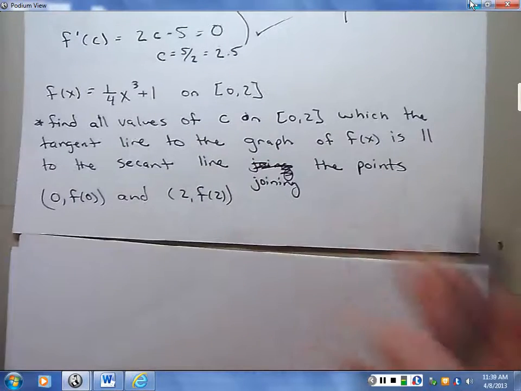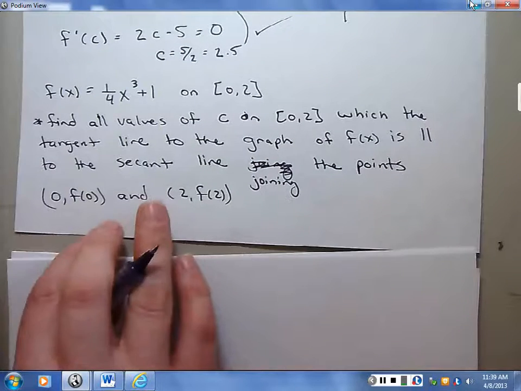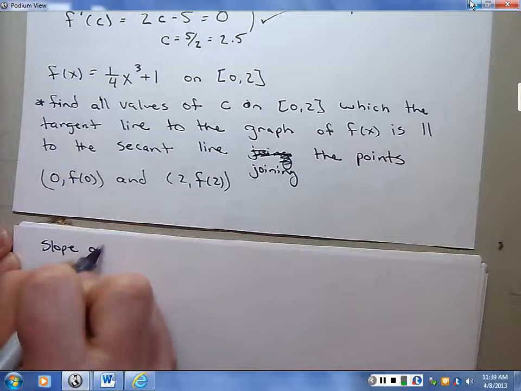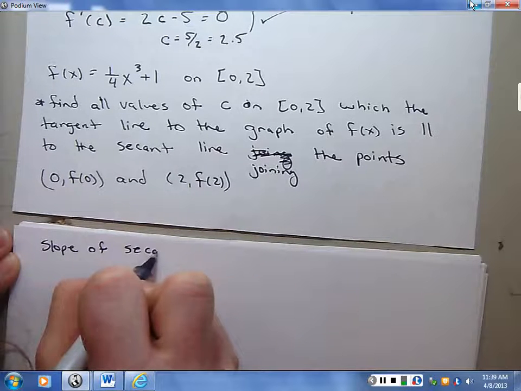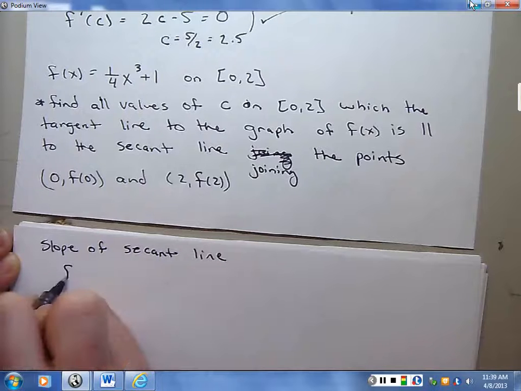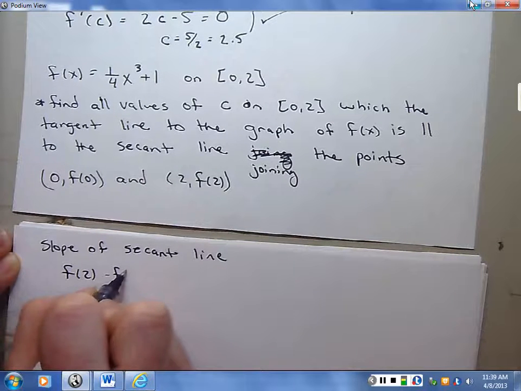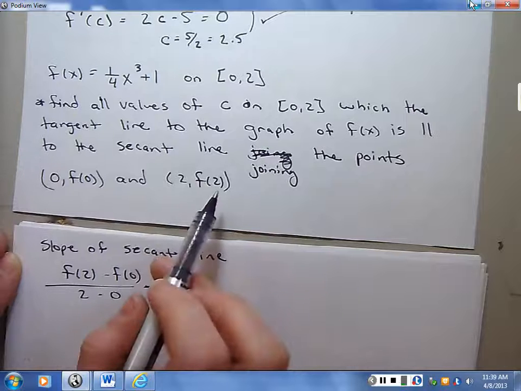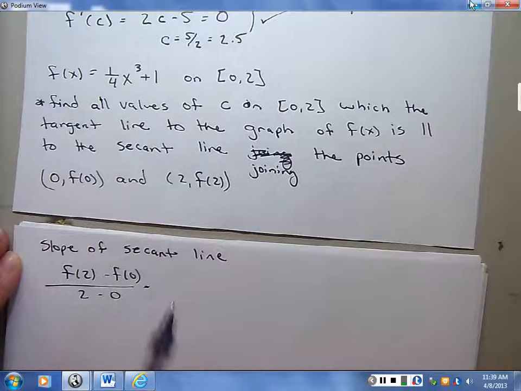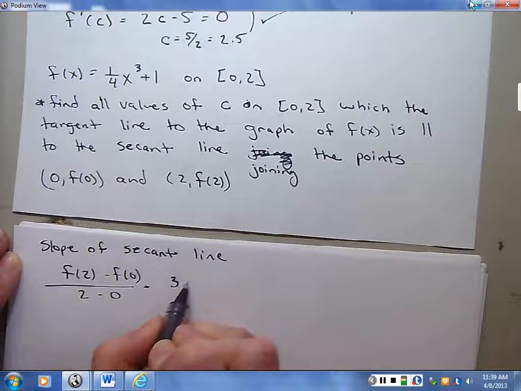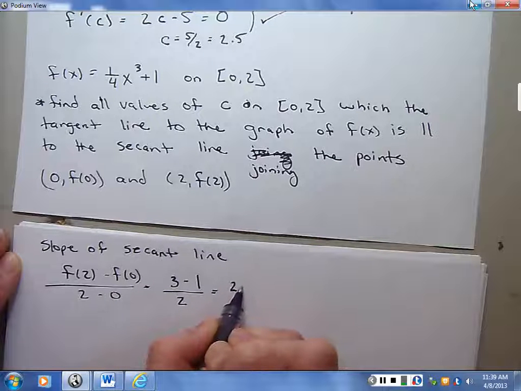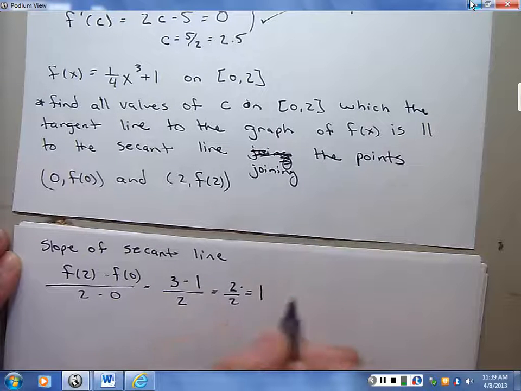So what is the slope of the secant line? Well, that's f of 2 minus f of 0 over 2 minus 0. So f of 2 would be 3. f of 0 would be 1 over 2, which would then be 2 over 2, which would be 1.